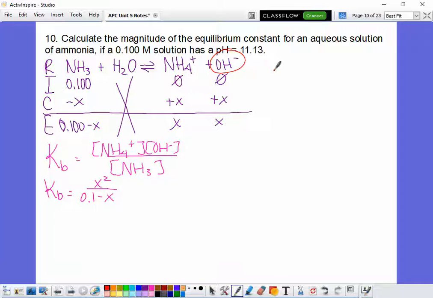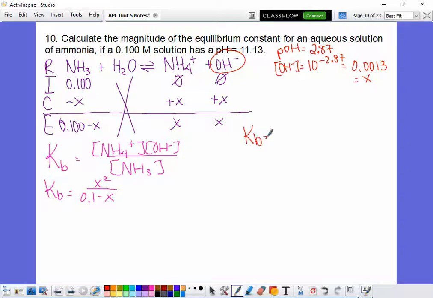So if pH is 11.13, what is our pOH? 2.87. And then we can find OH minus concentration by doing 10 to the negative 2.87. So what is our hydroxide ion concentration? Yep. Which is our X. So now we can plug in, right?